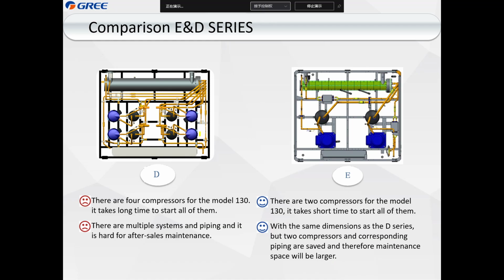So when we do the maintenance, the E series is also easier than the D series, because there is more space to do the maintenance. E and D.